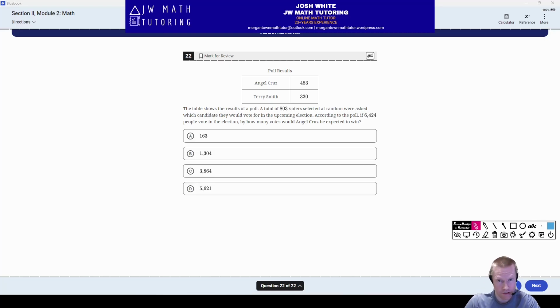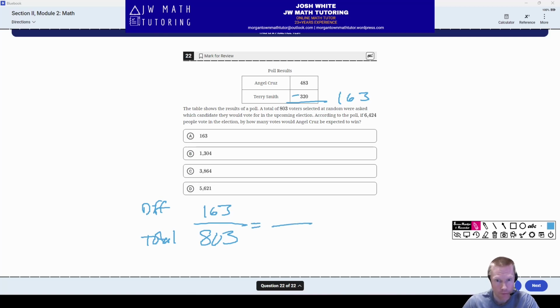The shortest, easiest way is to say, okay, the difference in votes currently is 163. So the difference is 163 out of 803. This is difference and this is total. Then we set up a proportion and say, if the total is 6424, what would the difference be?